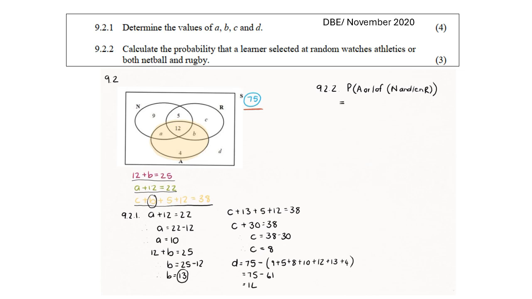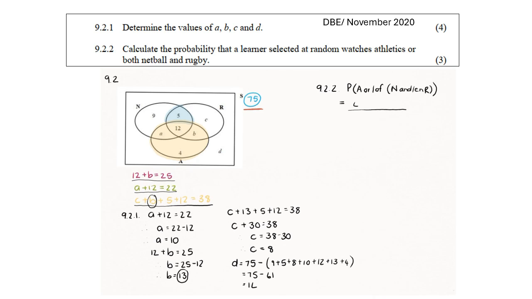But now they say or, N, and R. So now we look for the intersection of N and R that is excluded from A. In the intersection of N and R, outside of A, there are 5 learners. And this probability will then be 5 over 75.